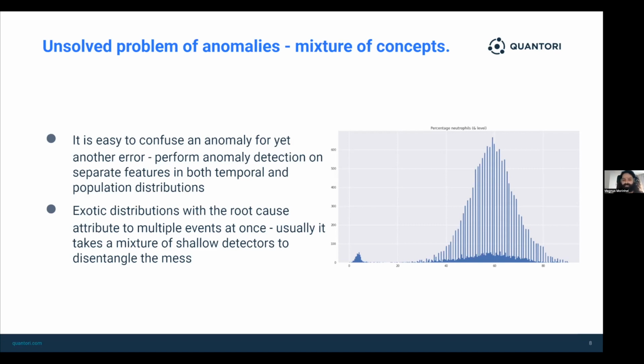Again, we see the same thing, a very small distribution on the left plus an extra distribution, which lies under the somewhat Gaussian distribution. And usually it's not that easy to run some complex anomaly detection, because it will just screw up. Usually what you do is use a mixture of shallow detectors, because it's much easier to fine tune them, modify some small parameters and play around with that.